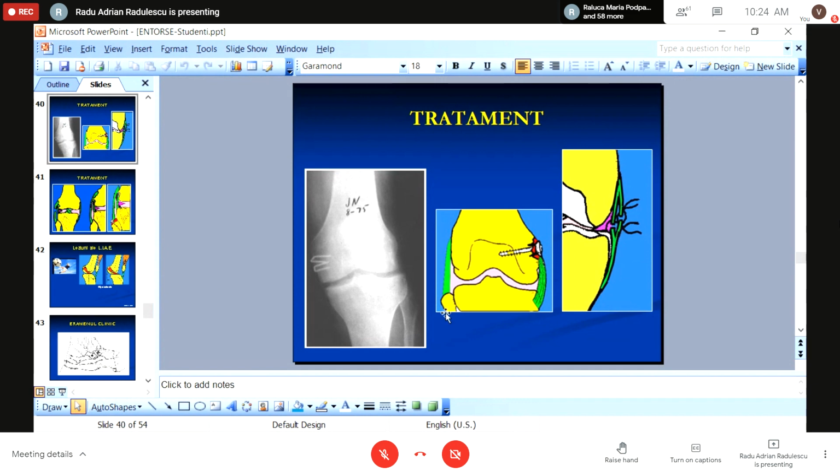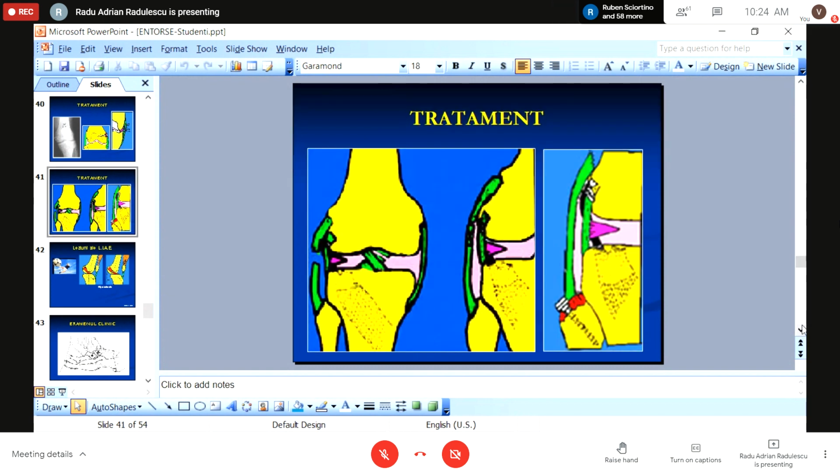All of them, of course, must be followed by the immobilization of the knee in a cast or an orthesis. Same thing can be done on the lateral aspect of the knee.